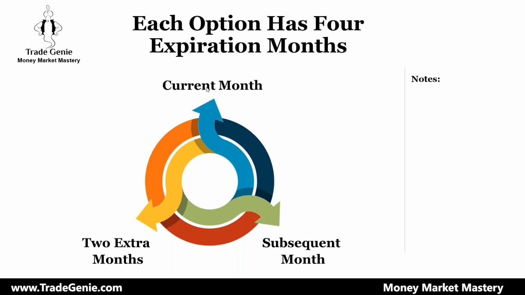So let's look at Apple. You will see August option is listed, and then you will see September option listed. And then maybe after September, I see October and I see January. So there's no November listed, no December listed.